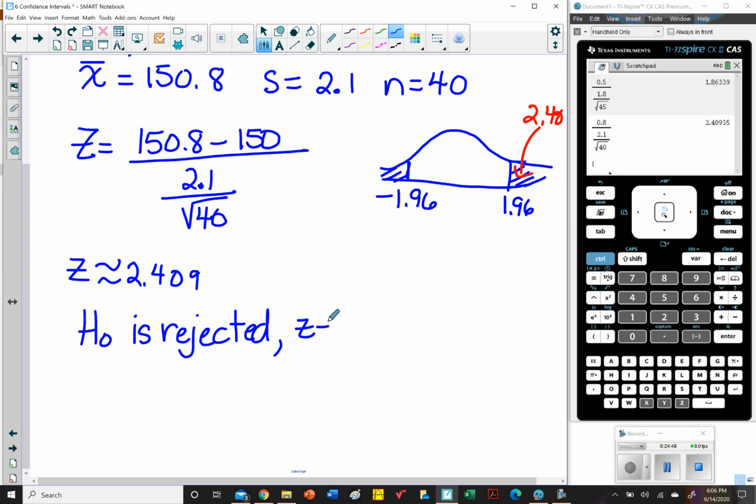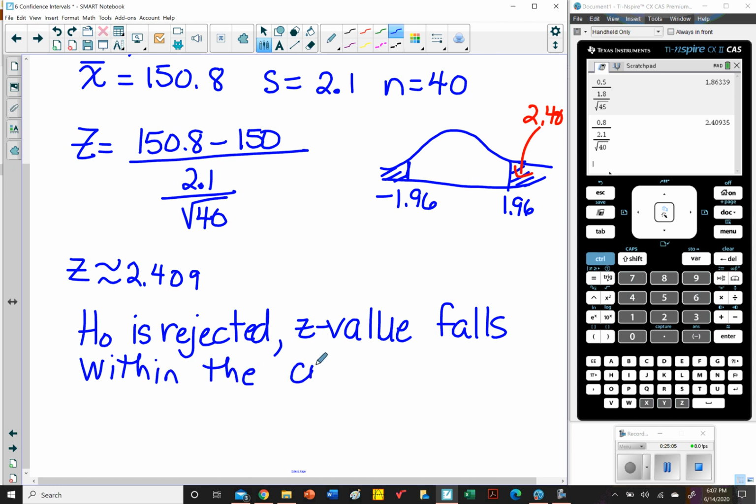The z-value falls within the critical region, so H0 is rejected.